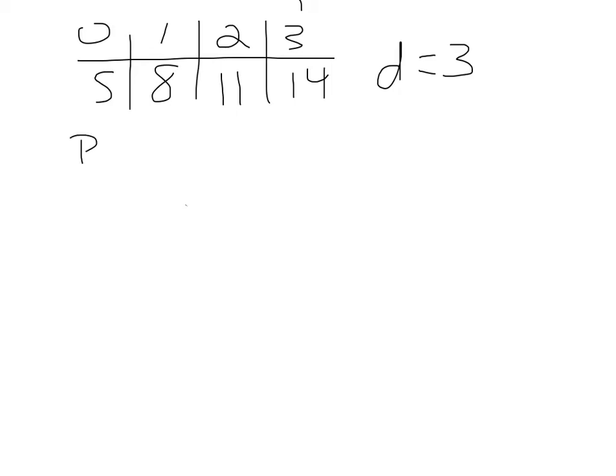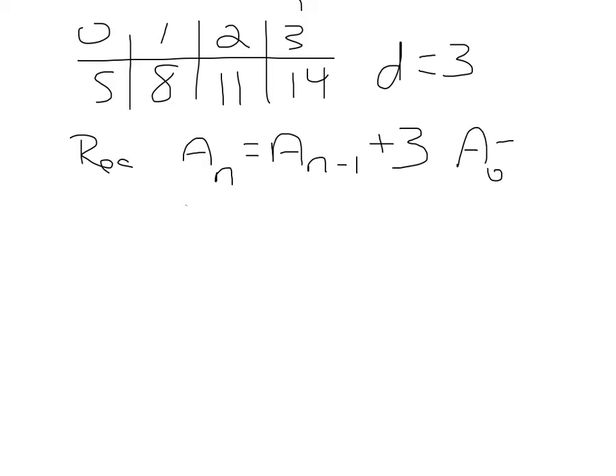If I want to write the recursive equation, memorized should be A sub n is equal to A sub n minus 1 plus D. Therefore, when we write the recursive equation for this table, we just erase that D and put in the number 3, with the initial term A sub 0 being equal to 5. So that's how you write the recursive equation.